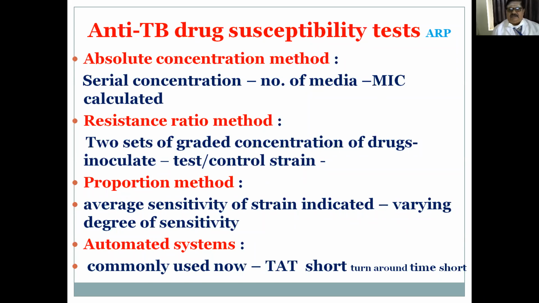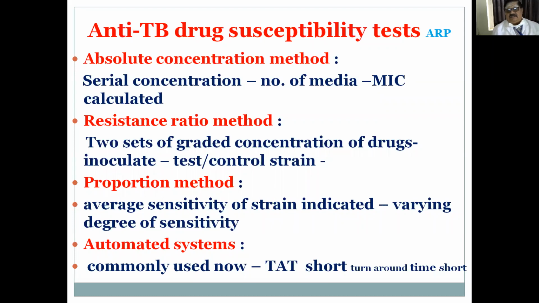In our undergraduate days, we used to be told about ARP, accommodation reflex, present, like that. So the same ARP, if you think here: absolute concentration method, resistance ratio method, proportion method. So these are the 3 things that are useful.